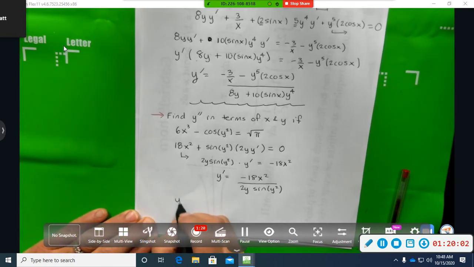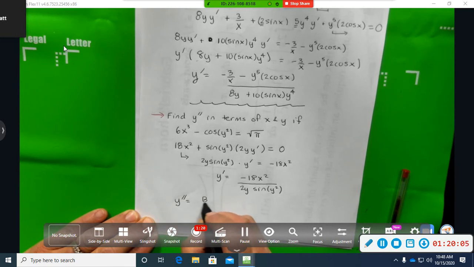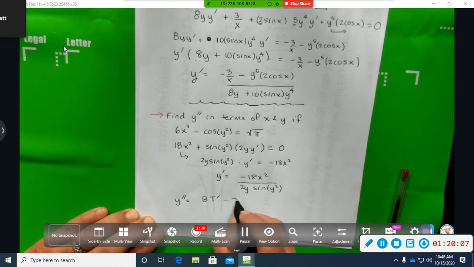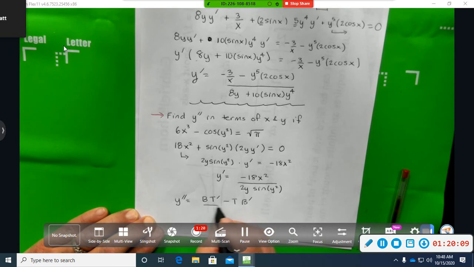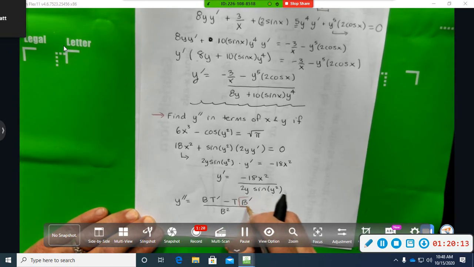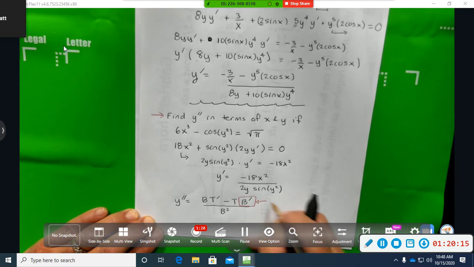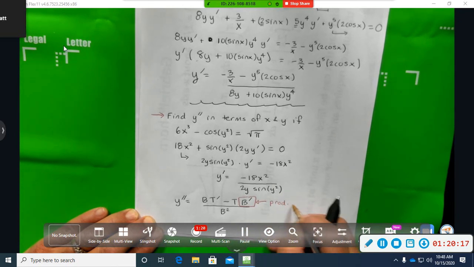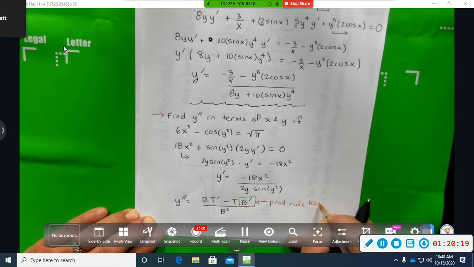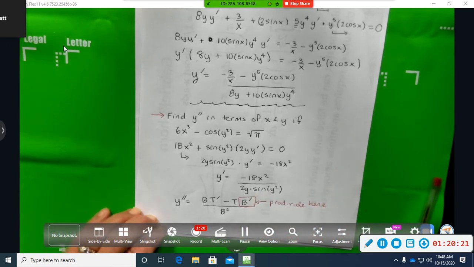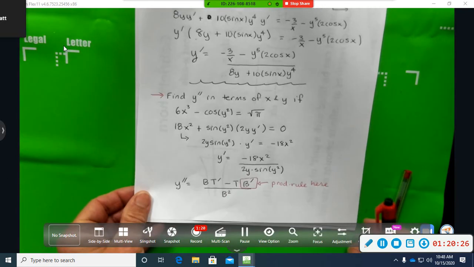We've got y double prime is equal to the bottom times the derivative of the top minus the top times the derivative of the bottom over the bottom squared. This is the step that has the product rule, because you got two terms down there. So I'll give you a minute to try that while I find another piece of paper.